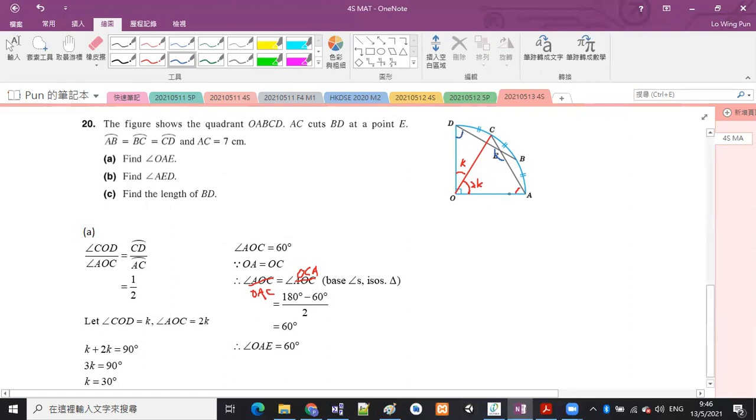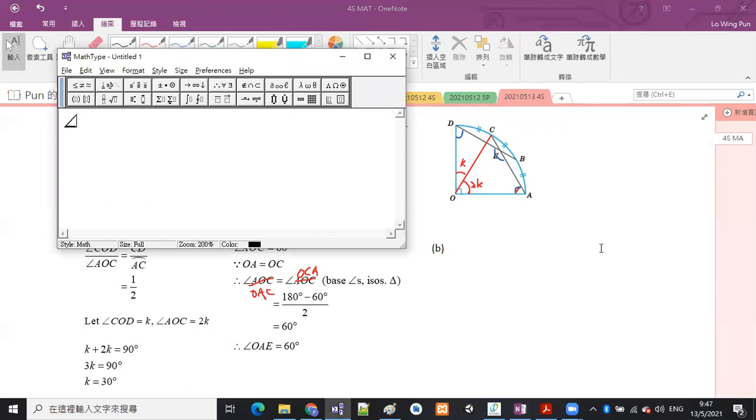This angle should be equal to this angle, right? For the same reasons, for the same steps we have done in part A. So in part B, we can say this angle ODE is equal to angle OAC is equal to 60 degrees.